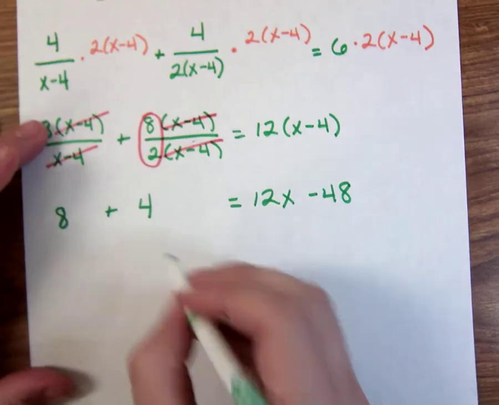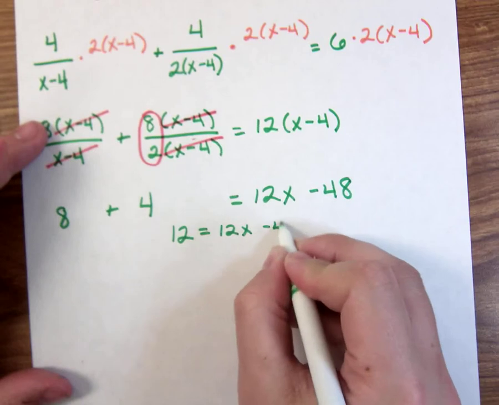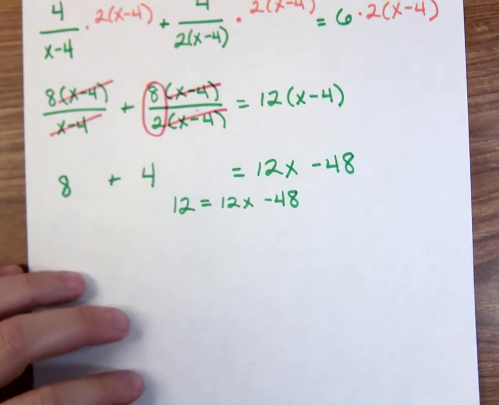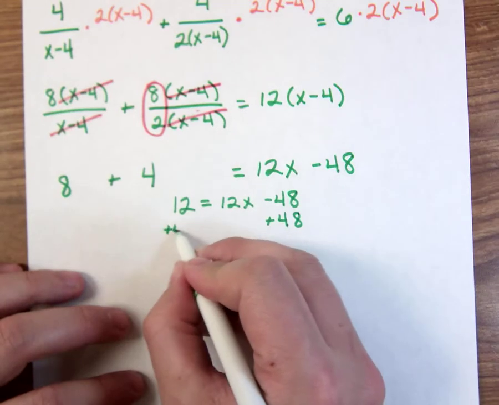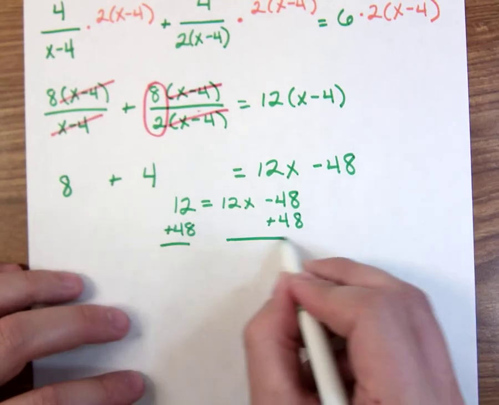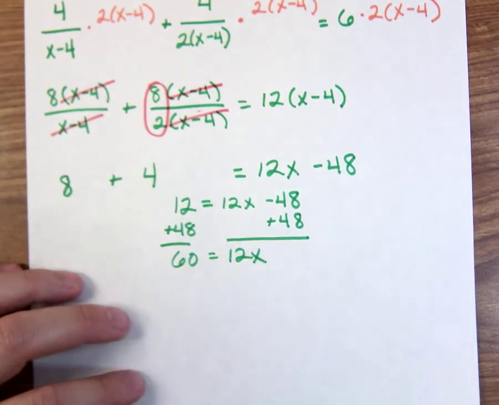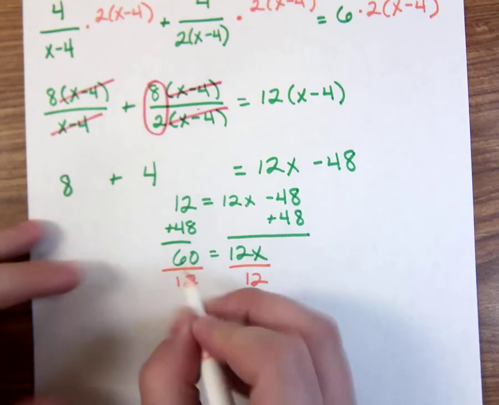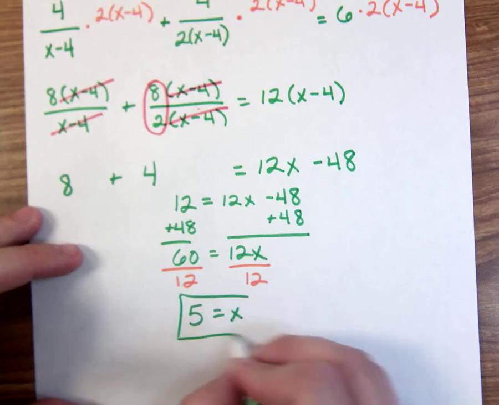Let's go ahead and combine the 8 and the 4. Now take it away, algebra kids. Add 48, that's a good plan. And divide by 12. 60 divided by 12 is 5. The answer is 5.